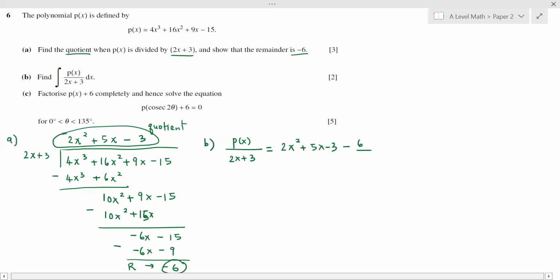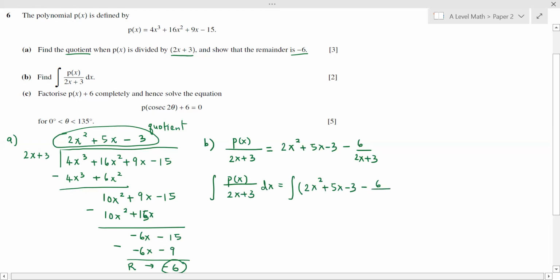So we have minus 6 over 2x plus 3. In order to integrate p of x over 2x plus 3, we just integrate the right side here. So we integrate 2x squared plus 5x minus 3 minus 6 over 2x plus 3, with respect to x, term by term.